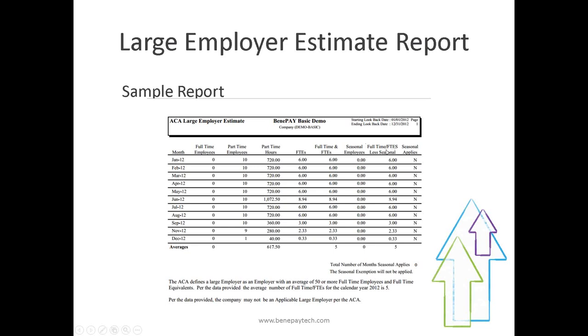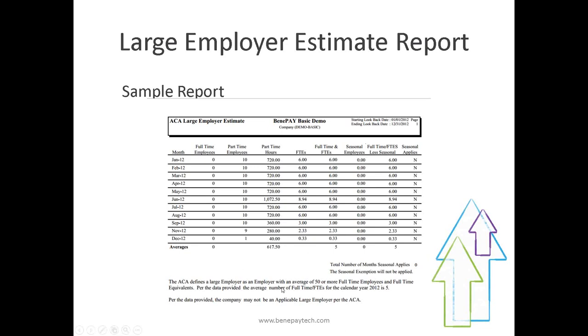Then we have kind of that same number, your full-time equivalents, less the seasonal. So if there were seasonal employees, minus the seasonal, and whether or not the seasonal applies as pushing you into a large employer.